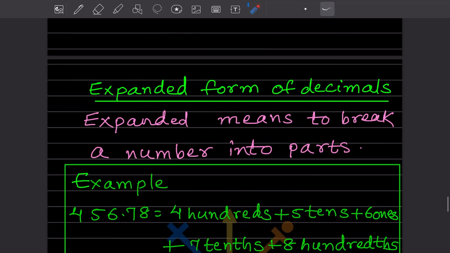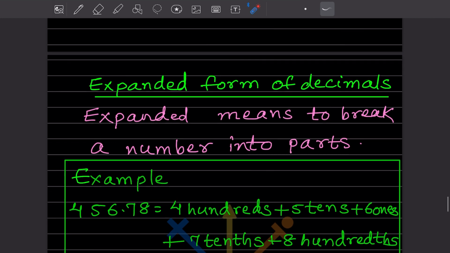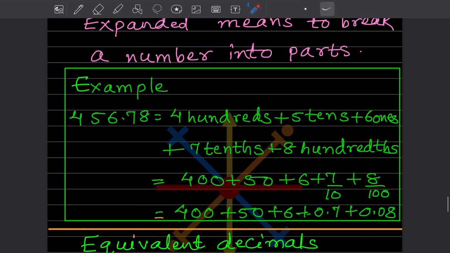Now what is the expanded form of a decimal? Expanded means you break a number into parts. We have also done it in the previous chapter, so you can see the previous videos. We have seen expanded form with whole numbers, but this chapter is related to decimals, so now you are going to see it with decimals.